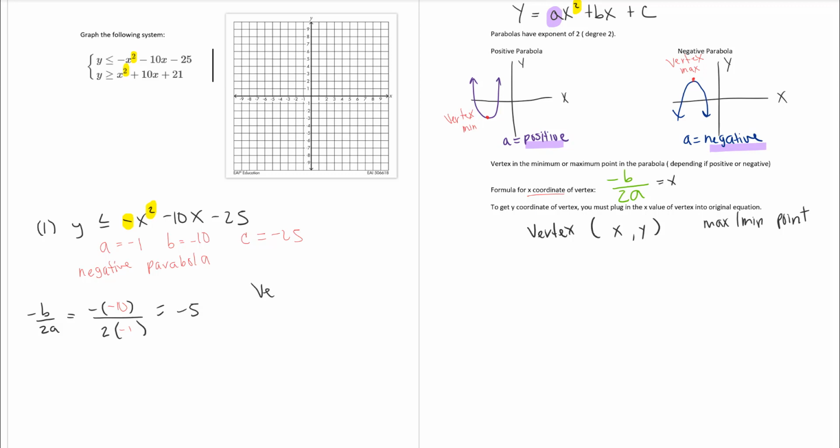So that means for my vertex, if I'm thinking about my x and my y value, that x value is negative 5. But I still need that y value. So remember, I have this original equation that I can use to plug in my value.